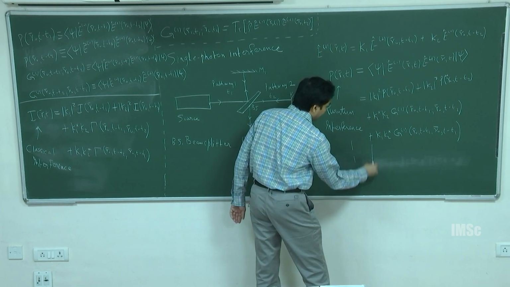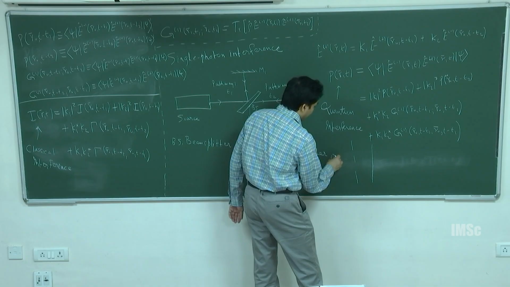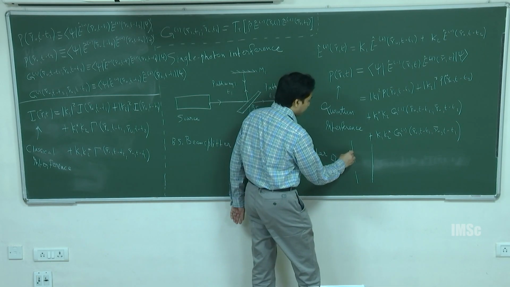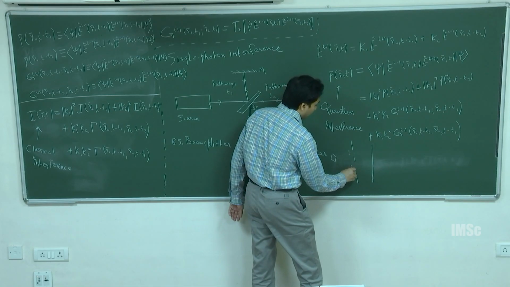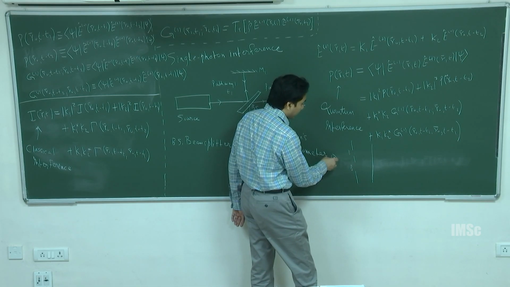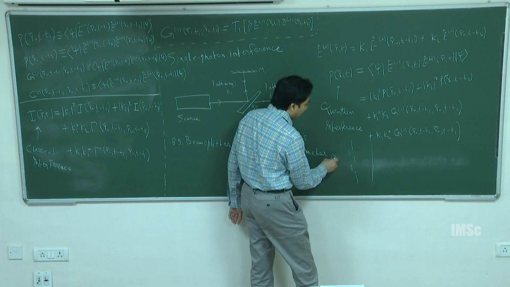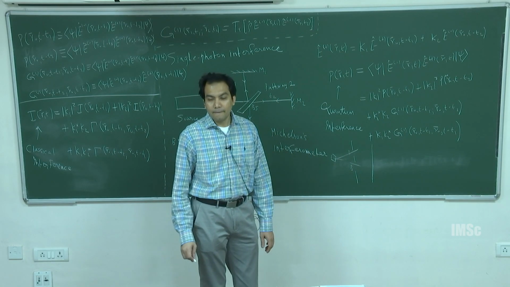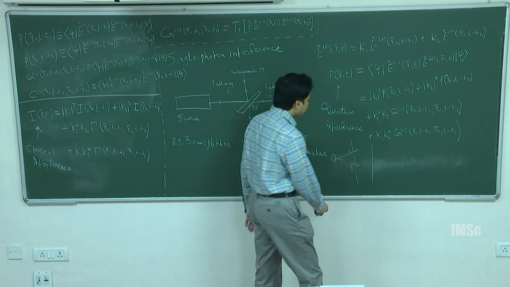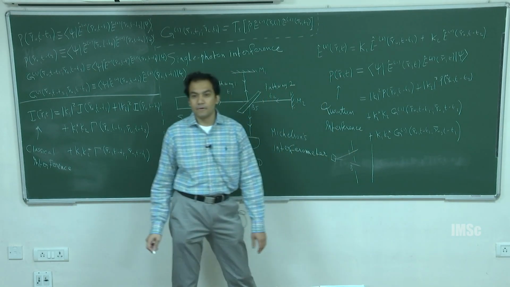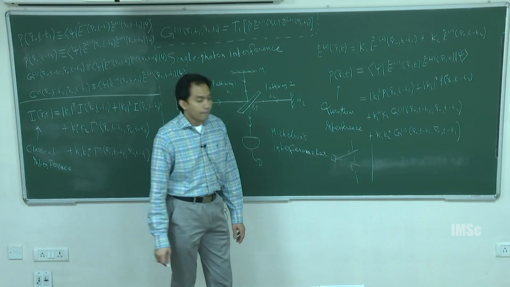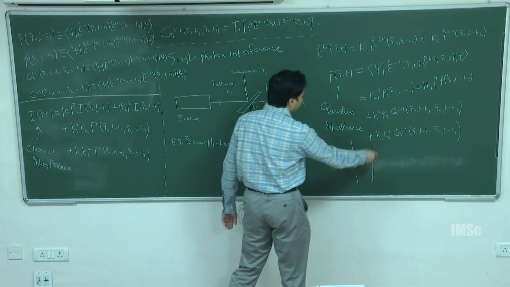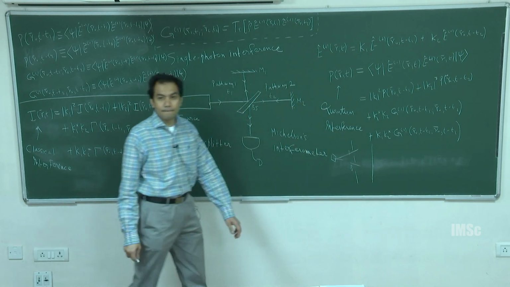This is the Young's double slit setup, right? Now you have two slits, S1 and S2. When you shoot a photon or an electron, it can either go through S1 or S2. The photon will not simultaneously go through S1 and S2. Basically, this Michelson interferometer is a variation of Young's double slit setup.